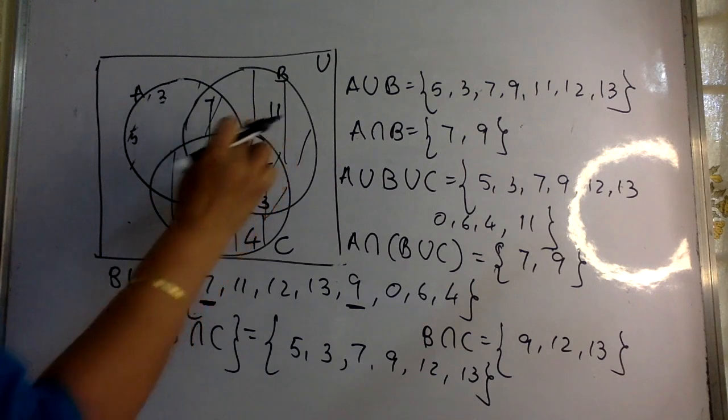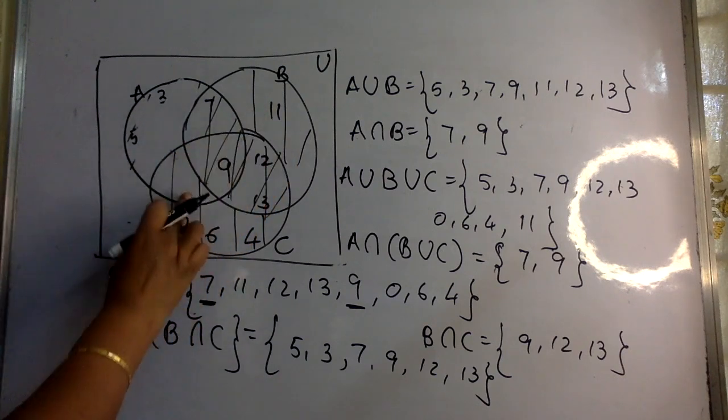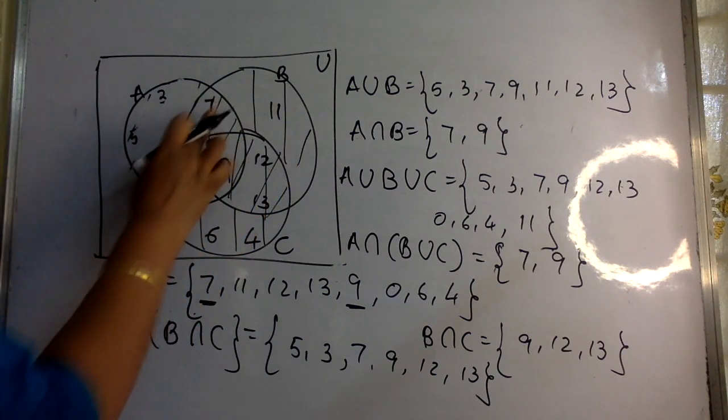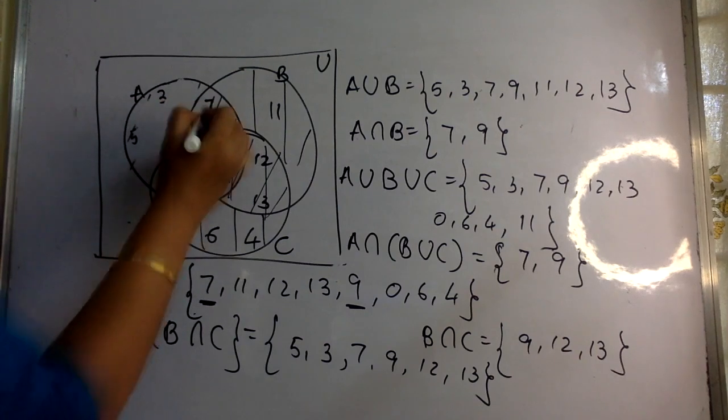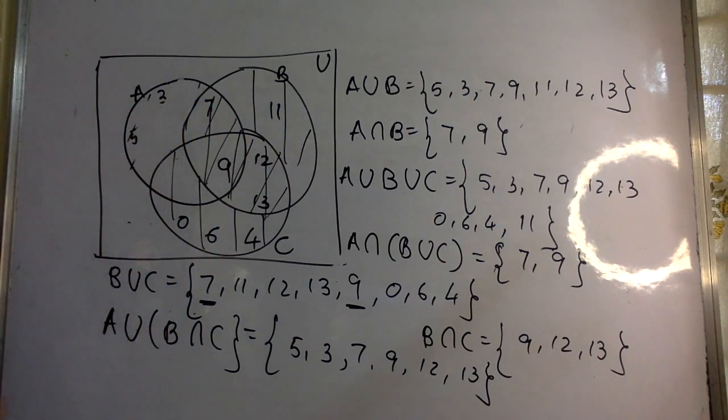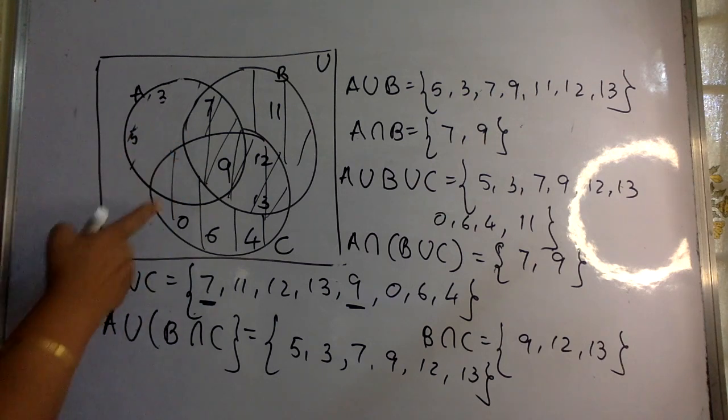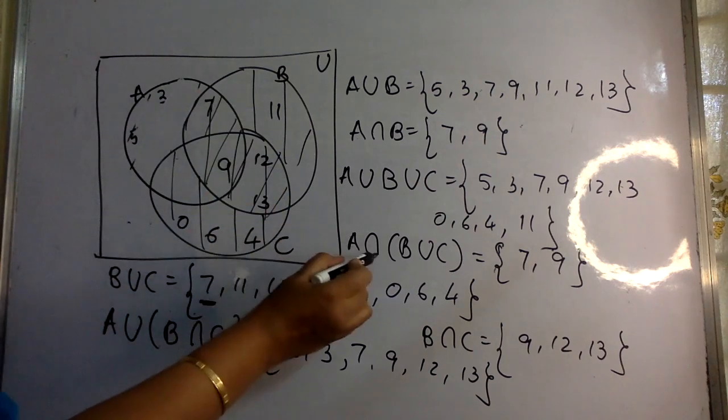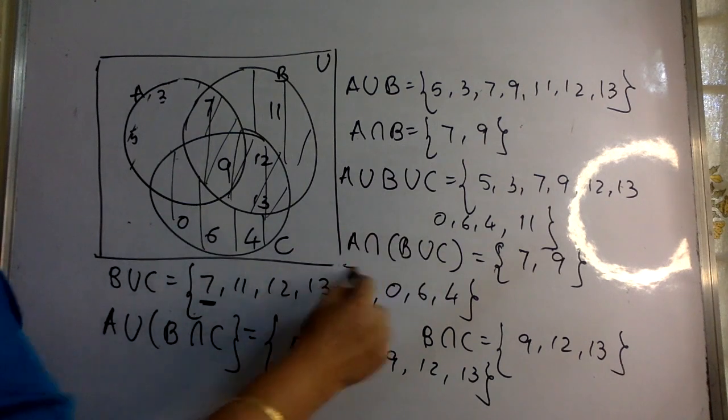This is A intersection B union C, means whatever is getting intersected, after B union C, only the 7 is coming up from the intersecting part with A. So this is the shaded part of this.